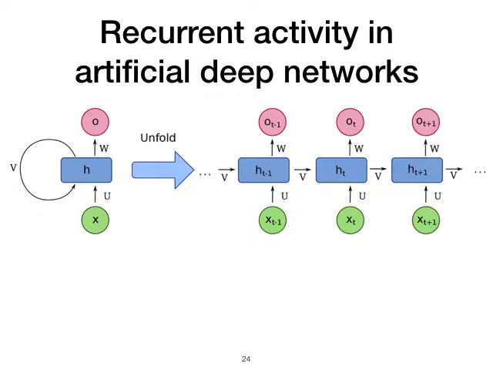So effectively the unit is partially activated by the past version of itself. And this link between a unit and the past version of itself has a weight, and that weight can be learned, just like all of the other weights in this network.